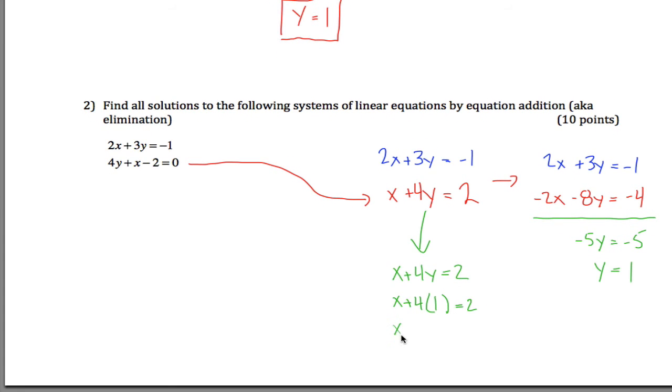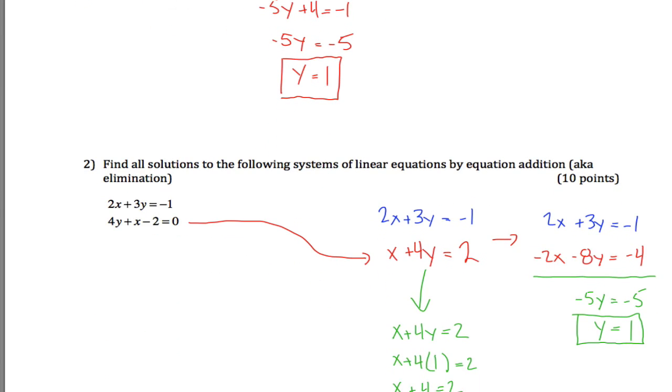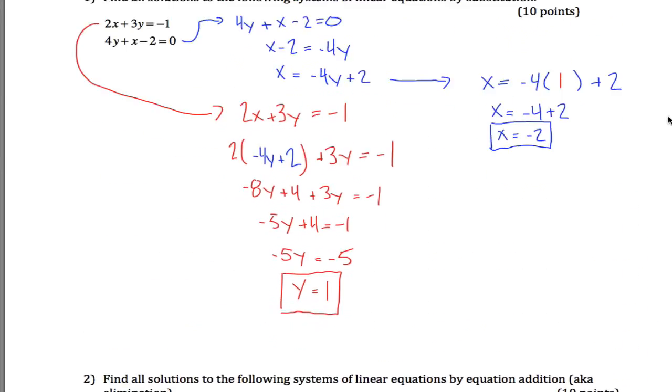So I got that x plus 4 equals 2. In other words, x equals negative 2 if you subtract 4 from both sides of the equation. So I get my solution: x is negative 2, y equals 1, which hopefully will be the exact same thing I got up here. See, x equals negative 2, y equals 1. Good, that makes me feel pretty confident in my answer. So that's the end of this quiz.